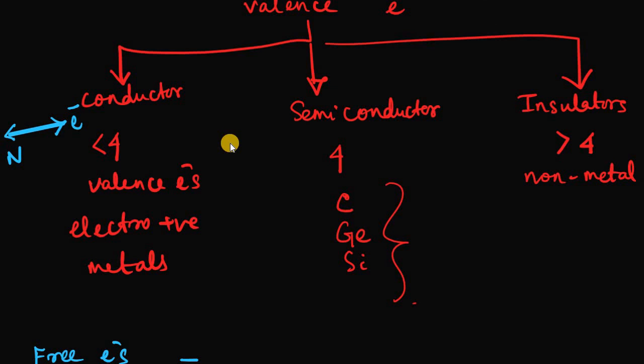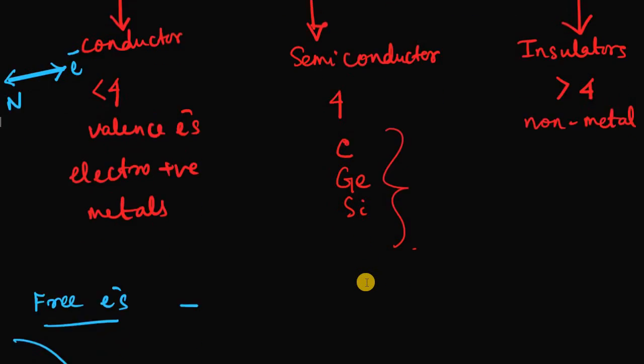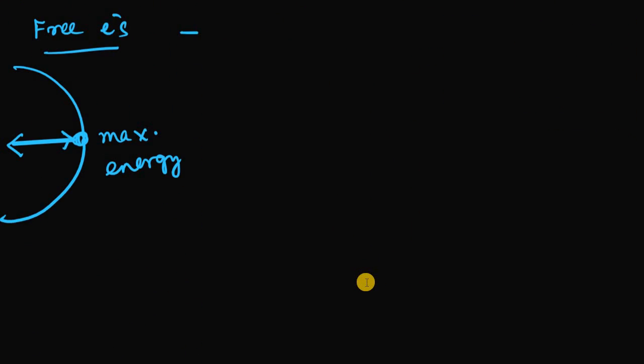Then they are so loosely connected and have so much energy that they can move at random within the material. If the electrons have so much energy, they will definitely move about their position and move freely.